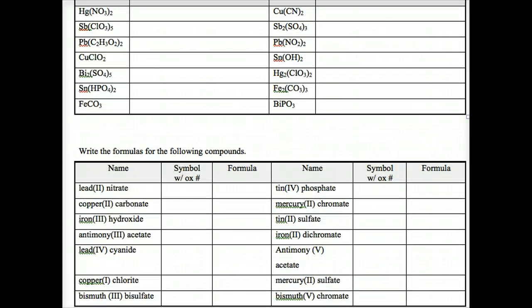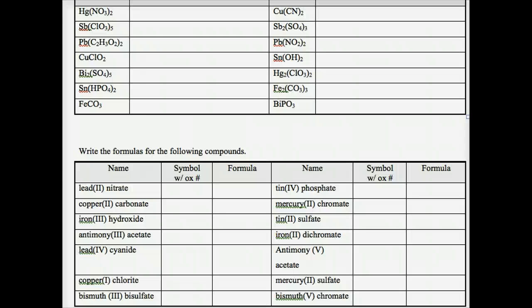This is about as hard as it gets. You can probably recognize when you're glancing over this sheet that you're dealing with the middle of the periodic table, the transition metals, the unknown charges, the unknown ions, the multiple oxidation states, which stands for charges. This is where we have to start worrying about our Roman numerals.